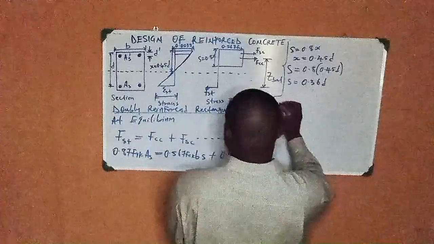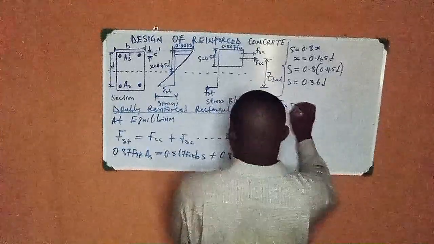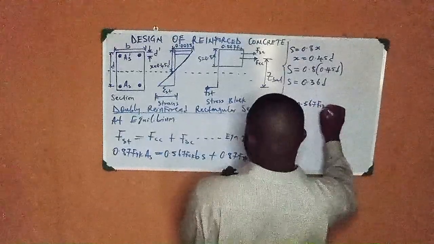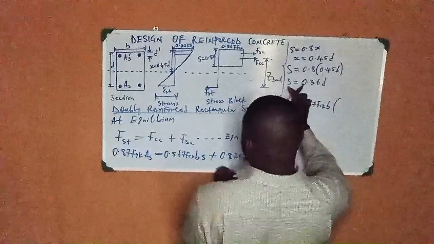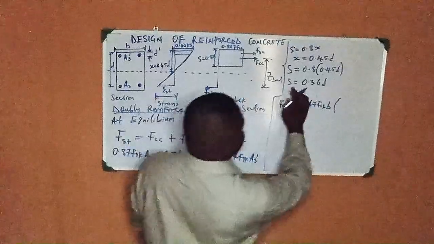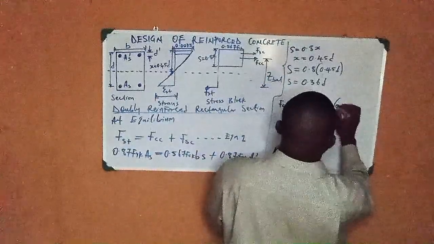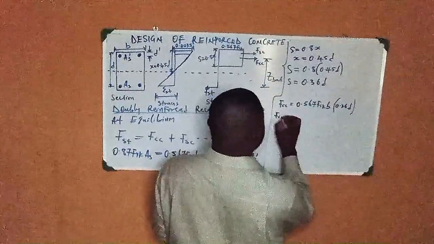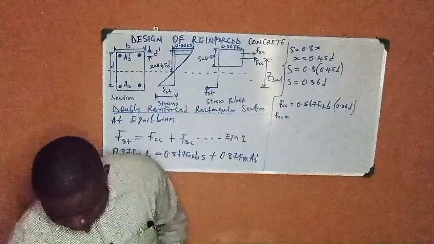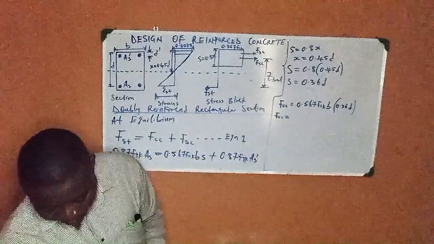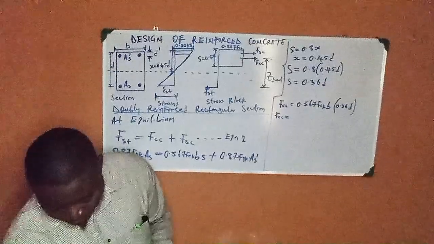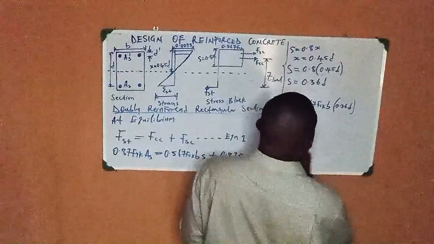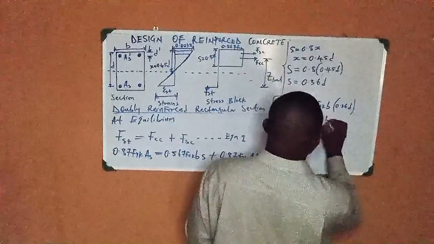My Fcc becomes 0.567 fck into, let's substitute this s here, which is 0.36d, into b. So Fcc becomes, on punching your calculator, equal to 0.204 fck bd.